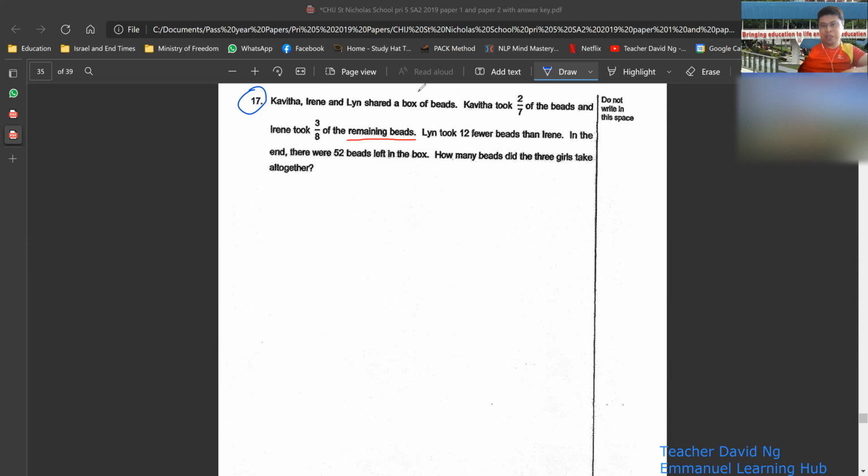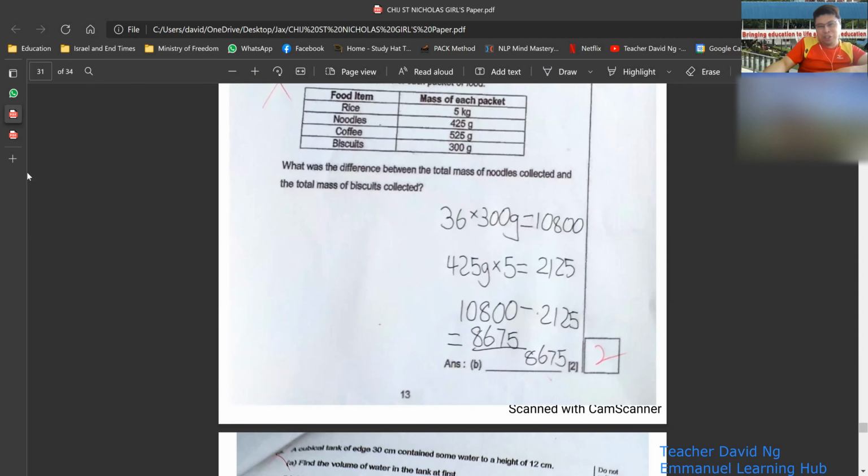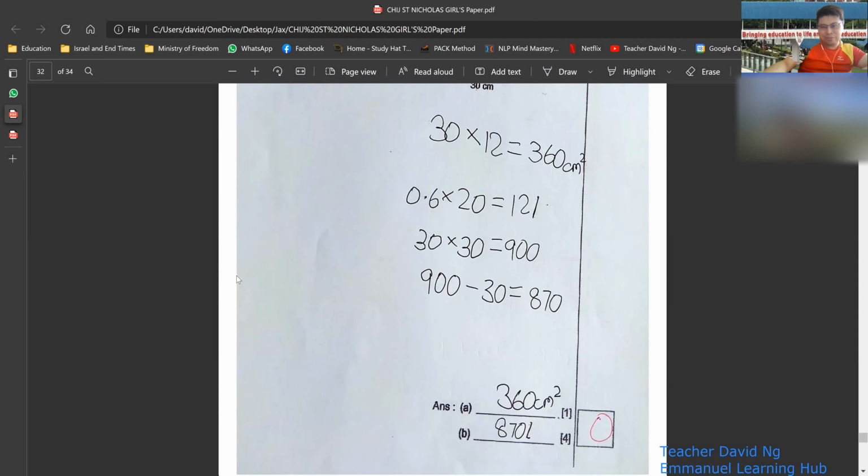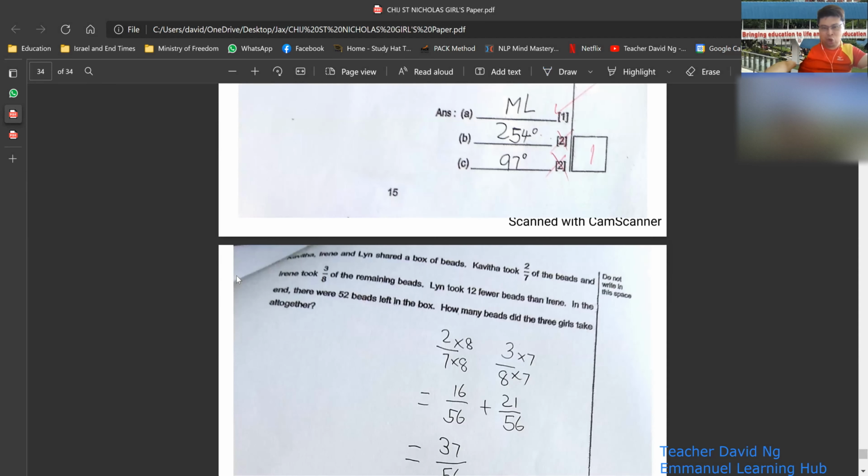For this kind of question, what will you do? Draw a model. But you didn't draw. I don't know why you didn't draw. I look at your working, you never drew.